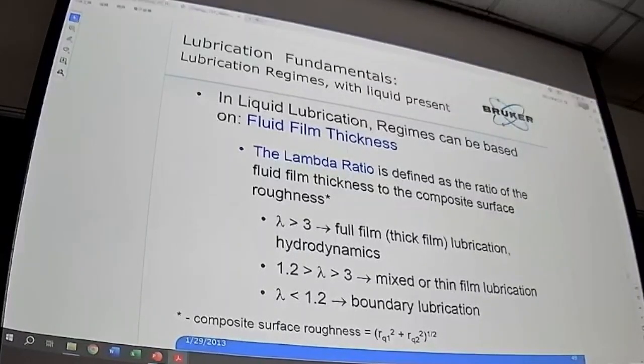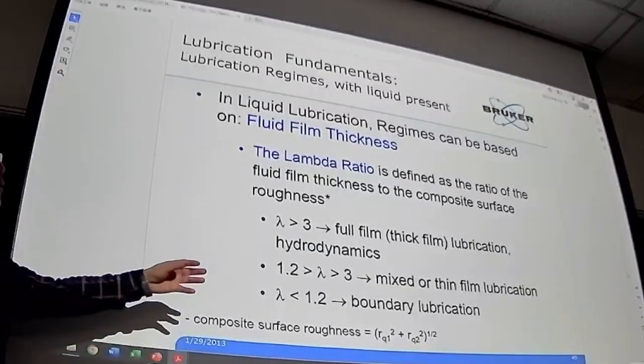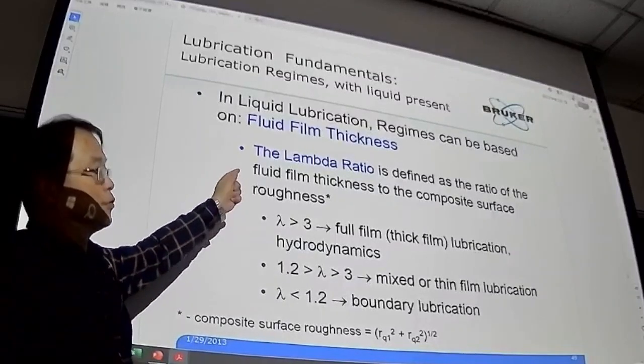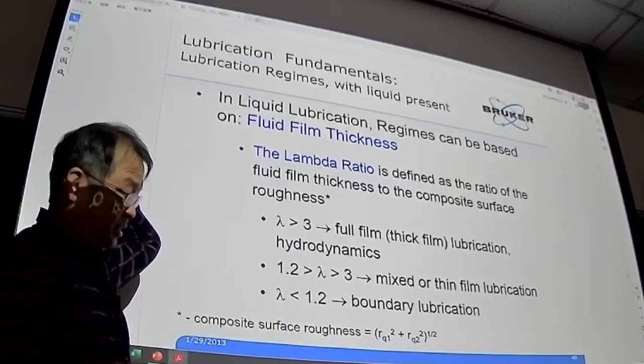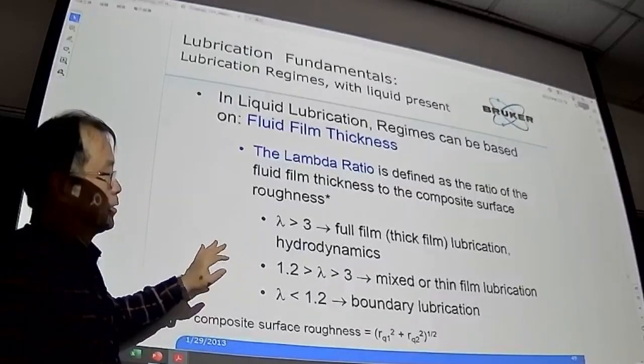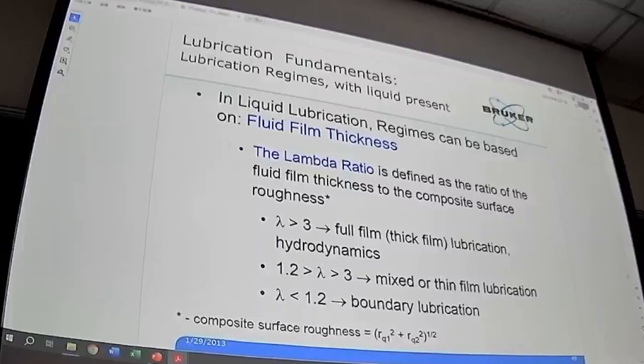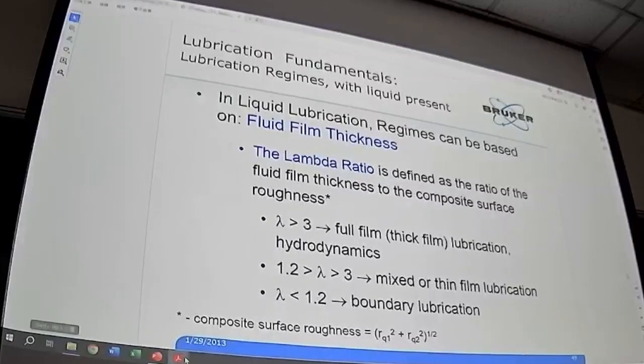Sometimes it's different. For this transparency, it has only three different categories. But in our textbook, we divided them into four different categories.